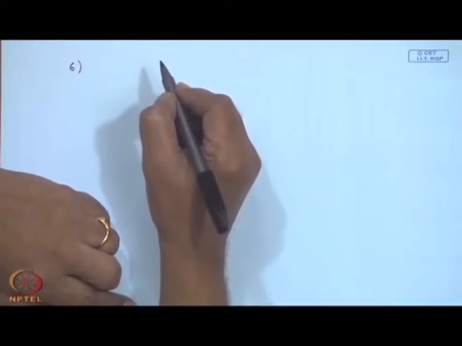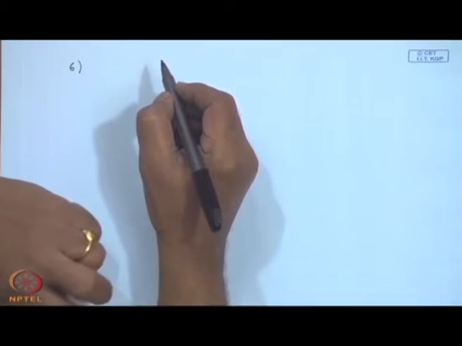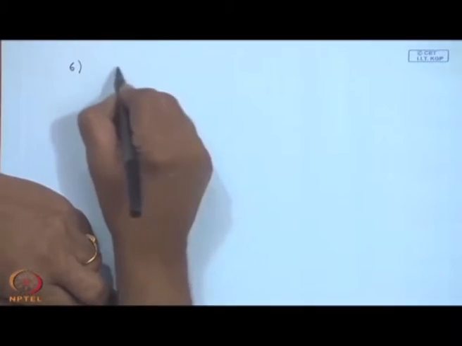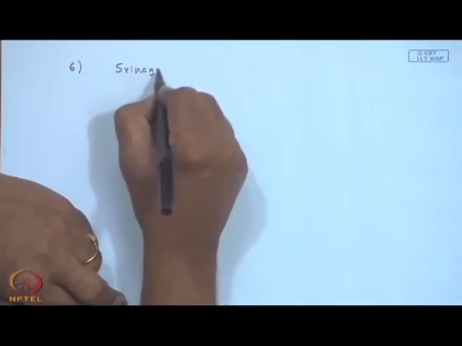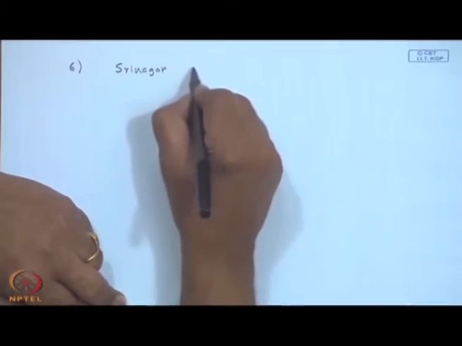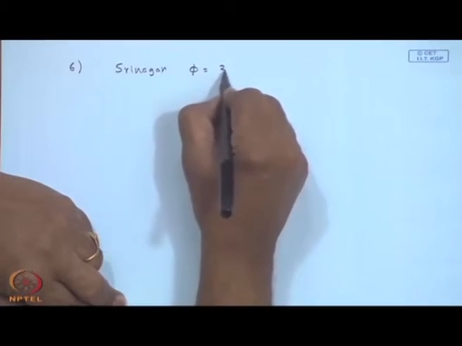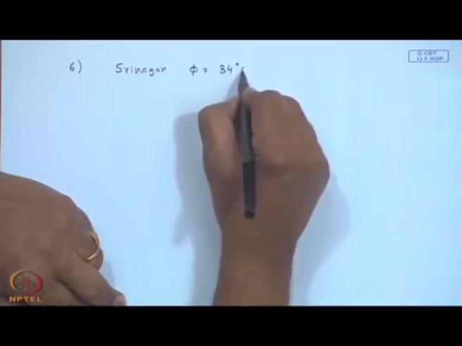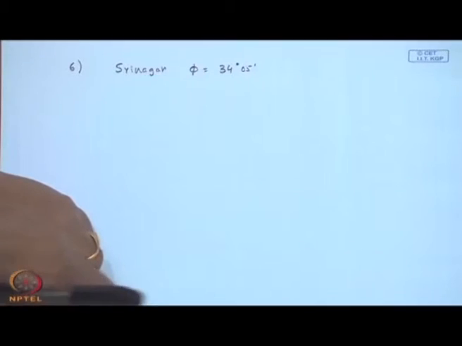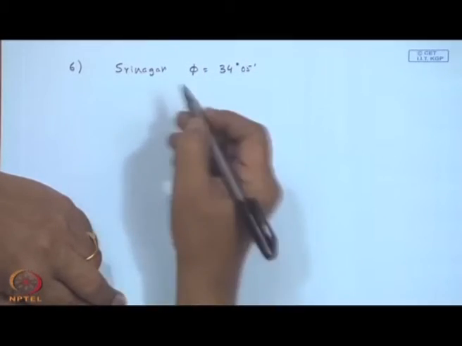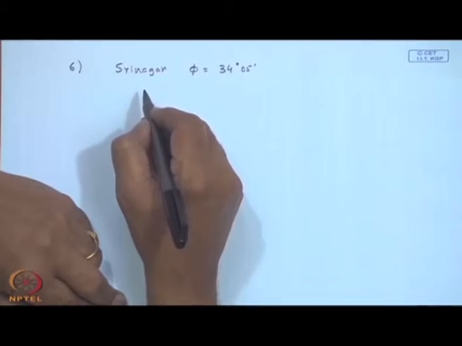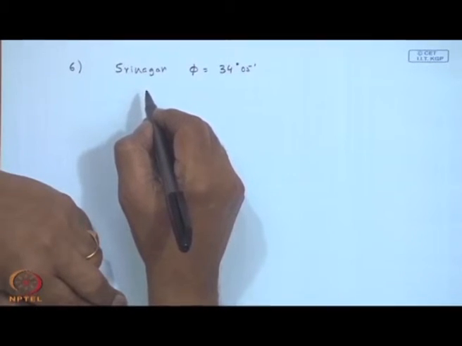To have a reasonable space heating requirement, the location I have chosen is Srinagar, and latitude is 34 degrees 5 minutes, and we first have to calculate the data. I have already given it once again, or you can pick it up from the portal which I have already told you last time.